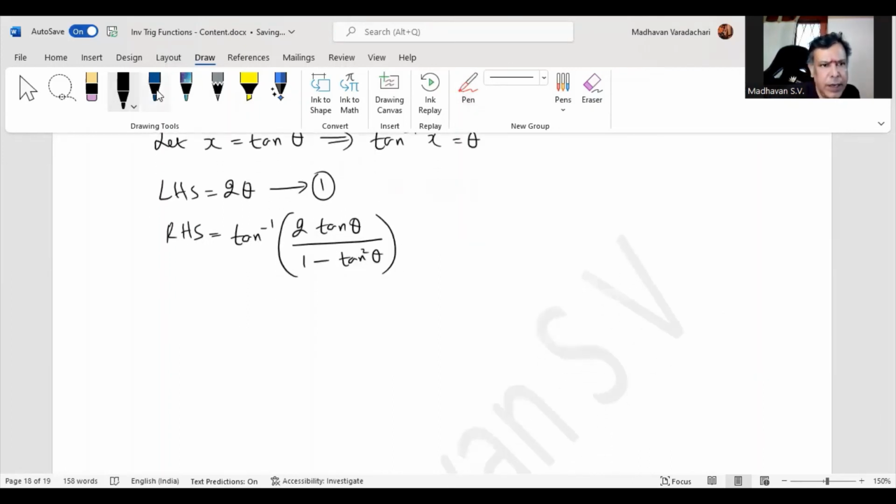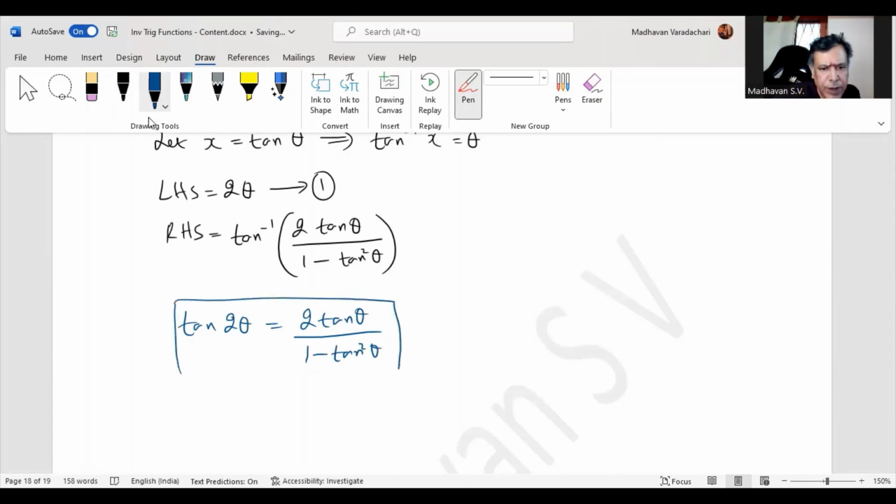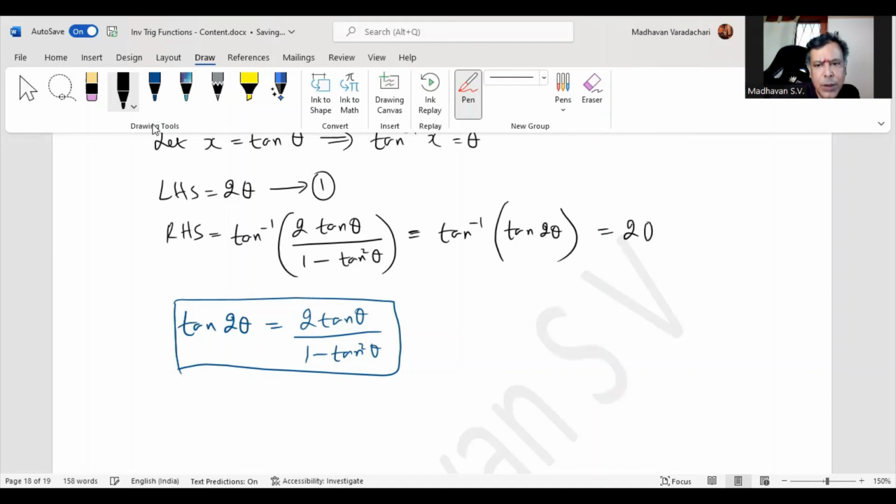Now we have a trigonometric identity which says tan of 2 theta is 2 times tan theta divided by 1 minus tan square of theta. If we use that identity here, this will be nothing but tan inverse of tan of 2 theta, which is nothing but 2 theta. Call this equation 2. So we may notice 1 and 2 are the same.